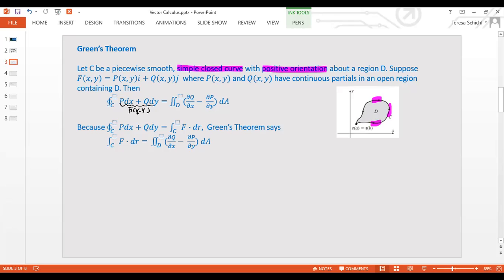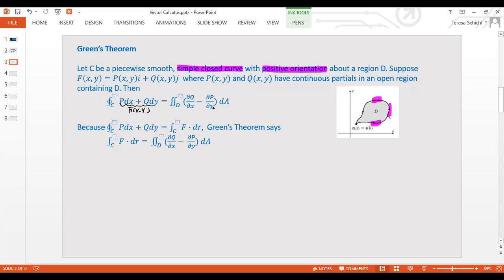Of course, if F of x, y is conservative and the path is closed, it will be 0. But obviously this is not conservative. So what is this integration going to be? It's going to be the partial of Q over x minus the partial of P over y, because here this is not equal to 0. We know if it equals 0, it's conservative.